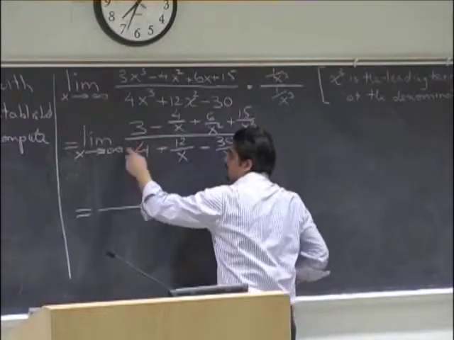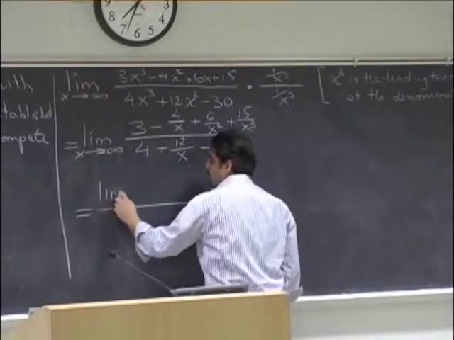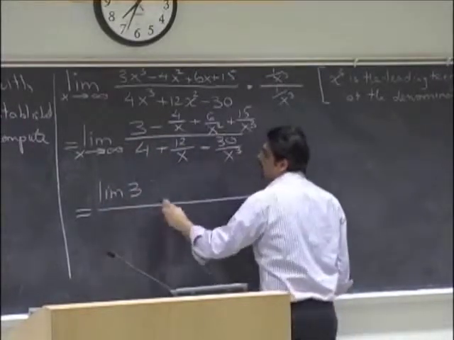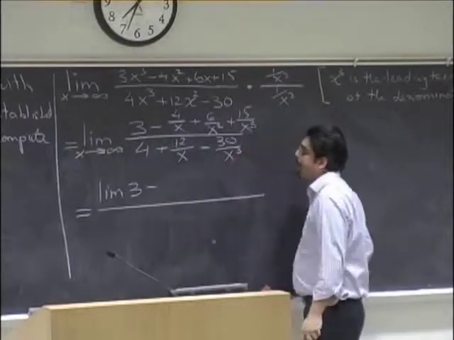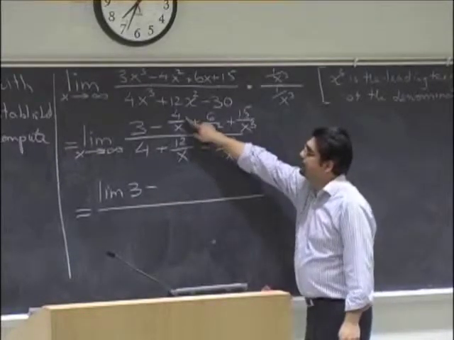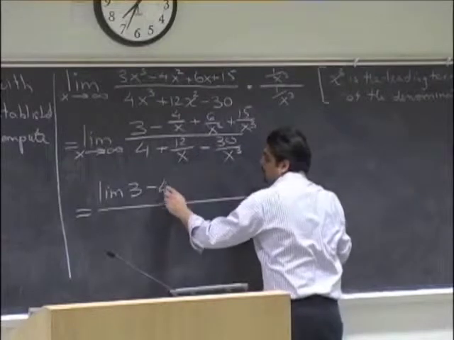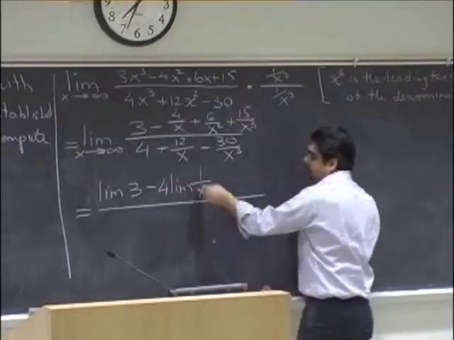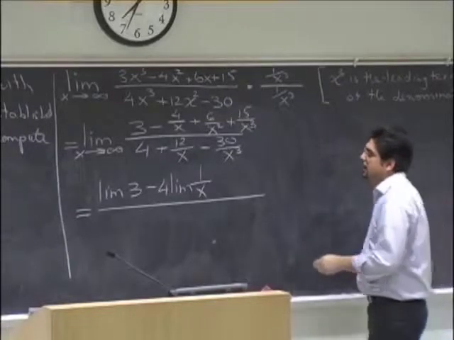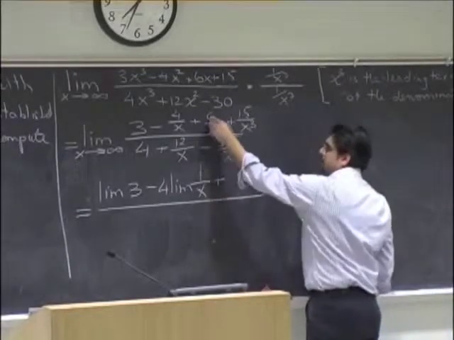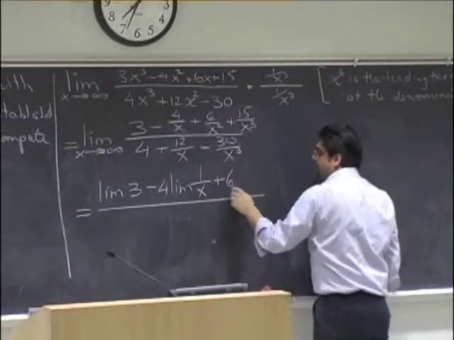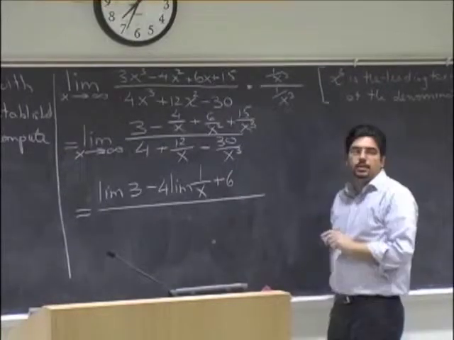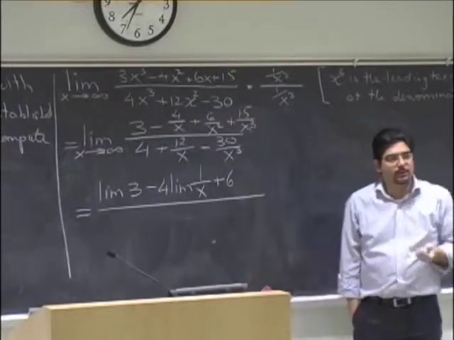So the limit of the numerator is the limit of 3 minus, this is 4 times 1 over x, so we can use the constant multiple rule and say this is 4 times the limit of 1 over x. This is 6 times 1 over x squared, but we had that the limit of a power is the power of the limits, right?